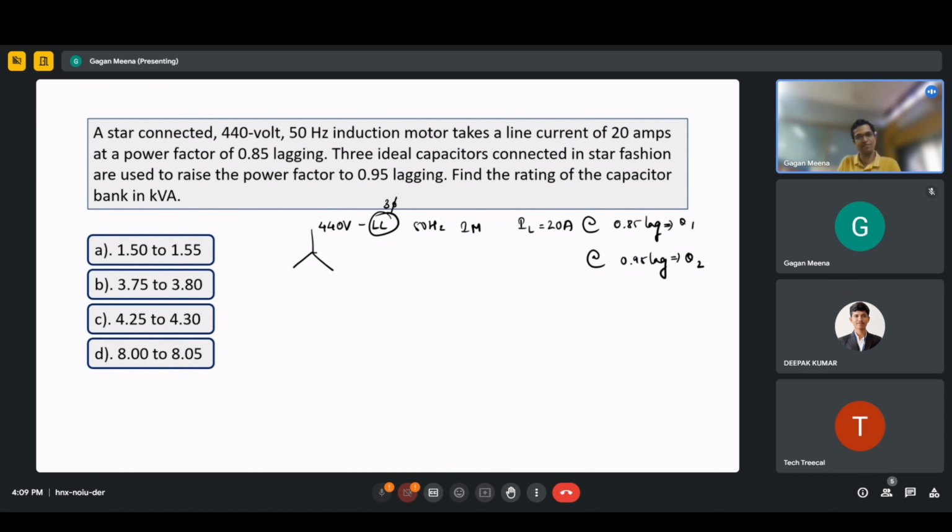Yes. And then IC we know, voltage we know, we can find out the kVA rating. Yes. You can do that way. So calculate how much you are getting.